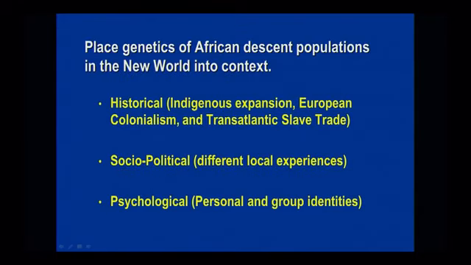So today I'm going to place the genetics of African descent populations in the New World into several contexts. Because when we talk about genetics, I think we have to remember that this is just one tool, one piece of information from multiple sources of information.